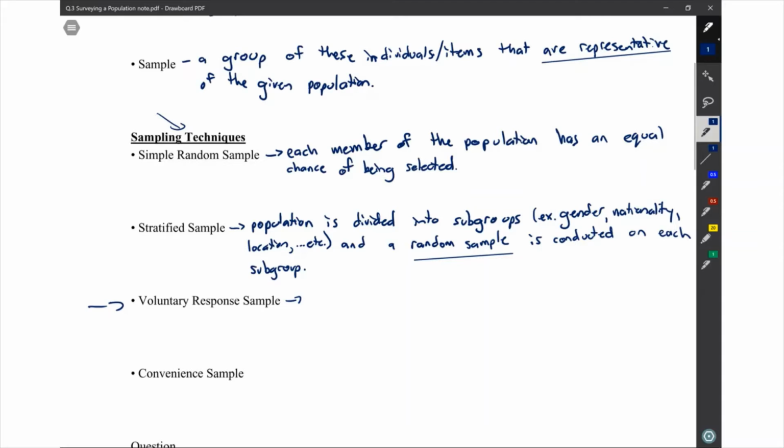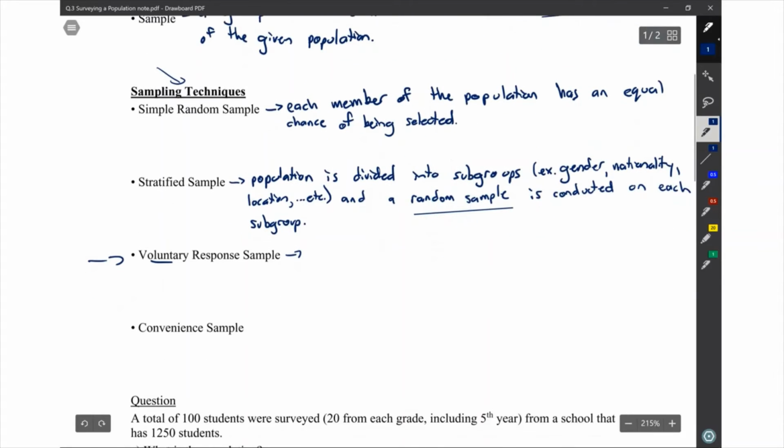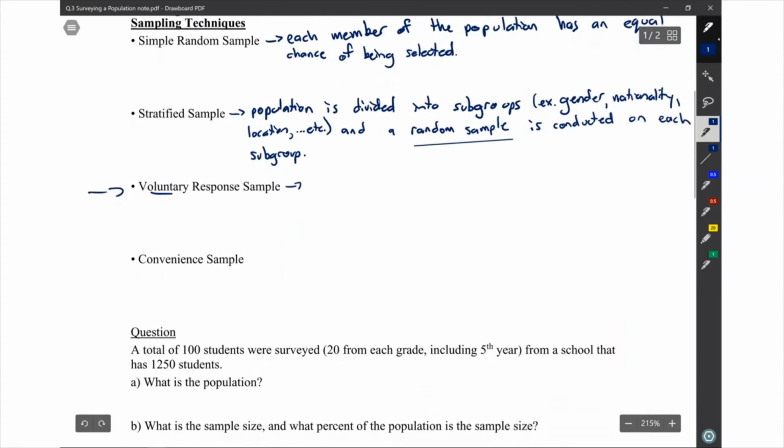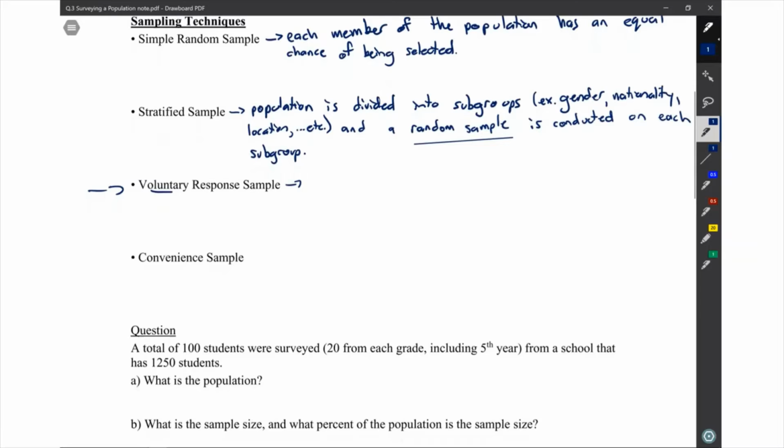The views this radio station is collecting are those who have volunteered to do so. Usually the limits here are that the people who volunteer to do so are typically those who feel the strongest about the topic.